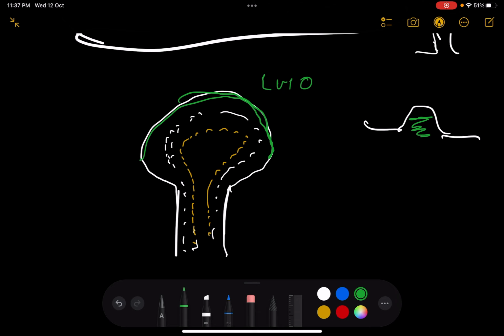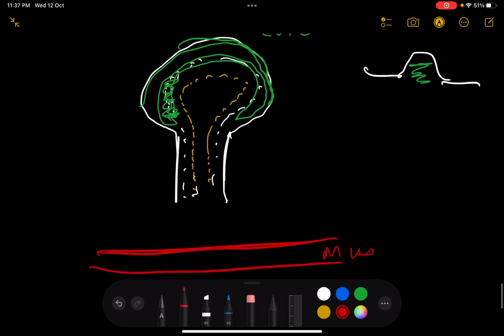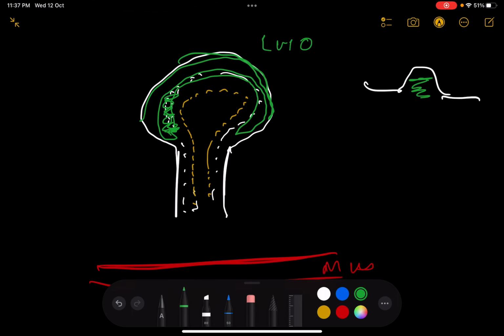Level 1 is it's invading through the muscularis mucosa, but limited to the head of the polyp. That means it's up till here. Muscularis mucosa, not the muscularis proper. The muscularis proper is somewhere out here, obviously. So it has invaded up to the muscularis mucosa, which is the yellow. So this is level 1.